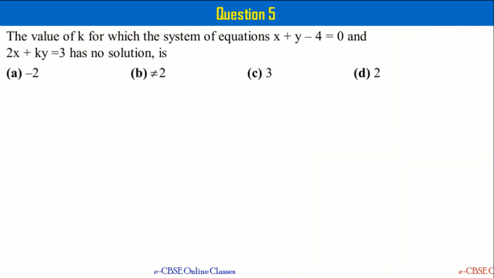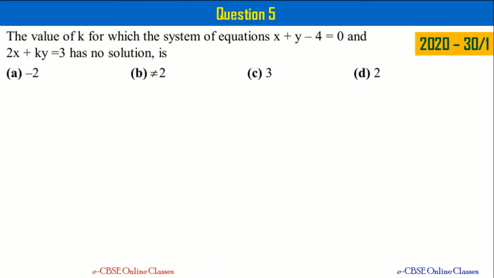The value of k for which the system of equations x plus y minus 4 equal to 0 and 2x plus ky equal to 3 has no solution, and the values for k were given as options. As you see here, one equation was written in the form of ax plus by plus c equal to 0, whereas the second equation was written in the form of ax plus by equal to c.